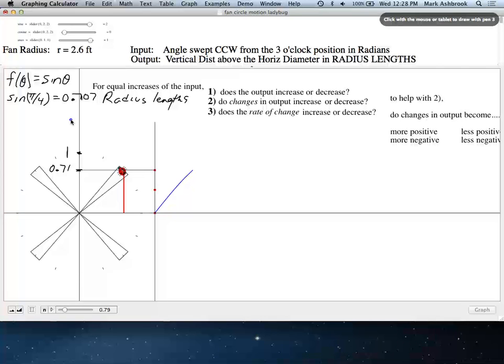Where's Justin Richardson? There you are. How would you get the number of feet? So you took 2.6 times the 0.707? Yeah. And what'd you get?